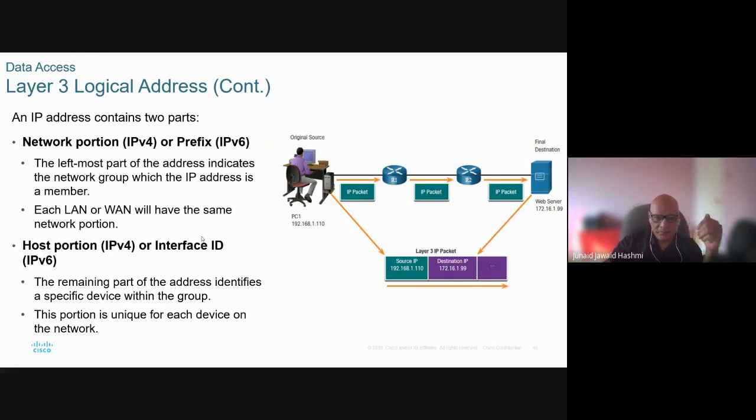IP version 6, which you will learn about later, has a longer address because it uses more bits than IP version 4. But IP version 6 also has both the network portion and the host portion.